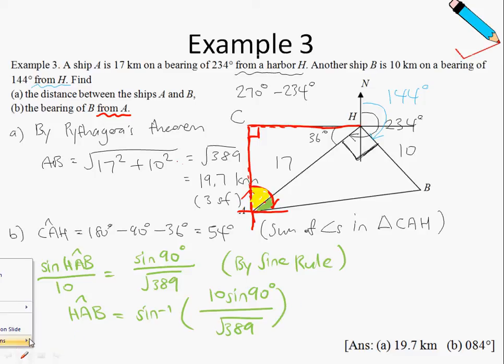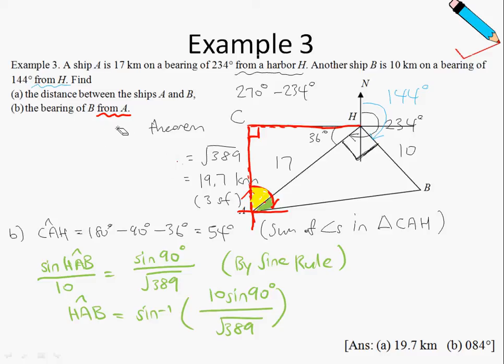Finally, to get the angle that we want, let me erase what we have in part A. To get the angle that we want, we'll just be adding these two angles together.